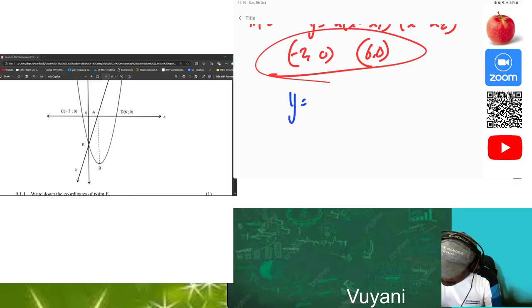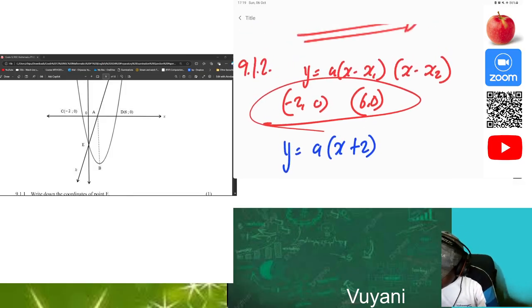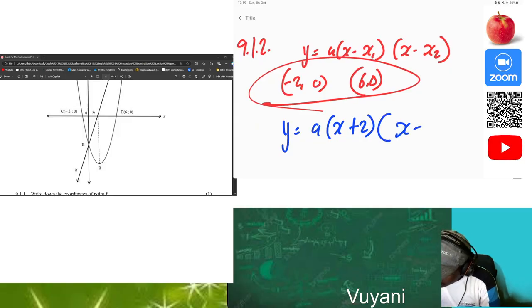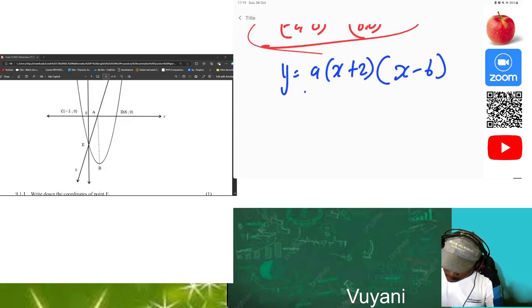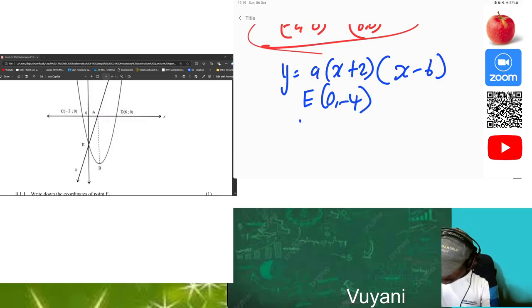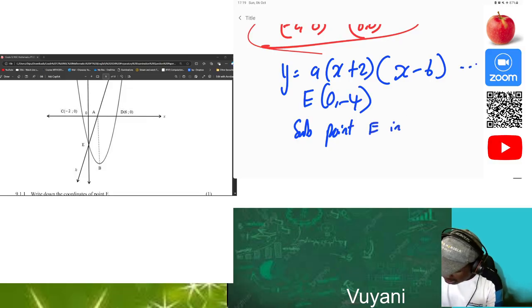So that will be y is equal to a(x plus 2) multiplied by (x minus 6). Then of course we also have the point E, which is (0; -4). So now we can substitute point E in this equation, let's say this is equation 1.